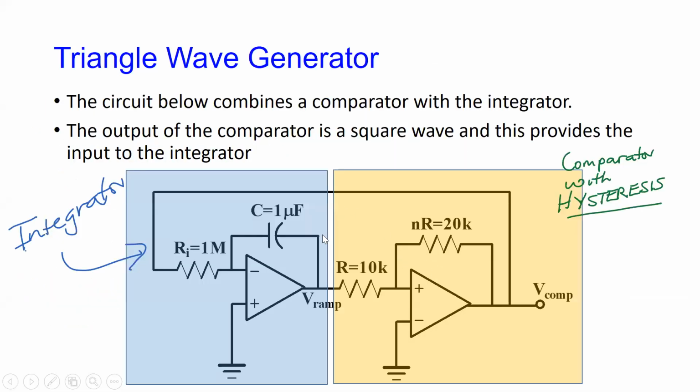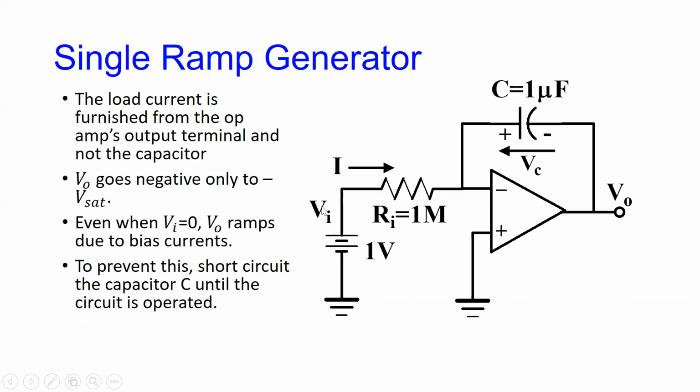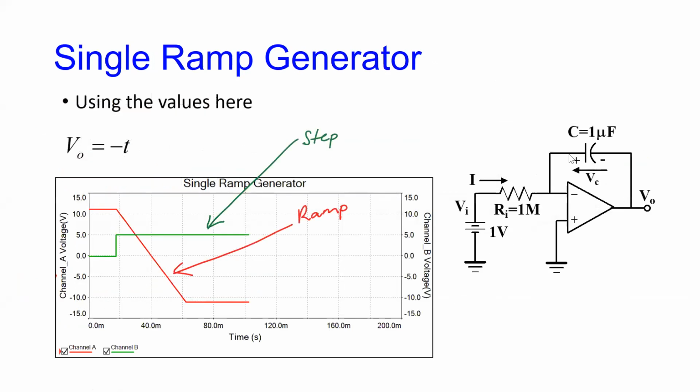Right, so remember what the triangle wave does: it is an integrator and a square wave. If you go back, if you put a step input into an integrator, you get the ramp, the unit ramp.